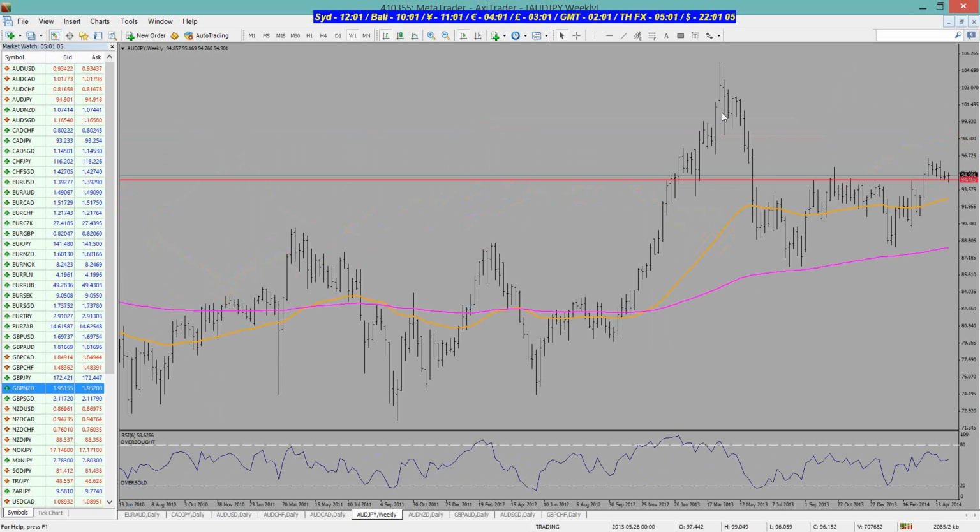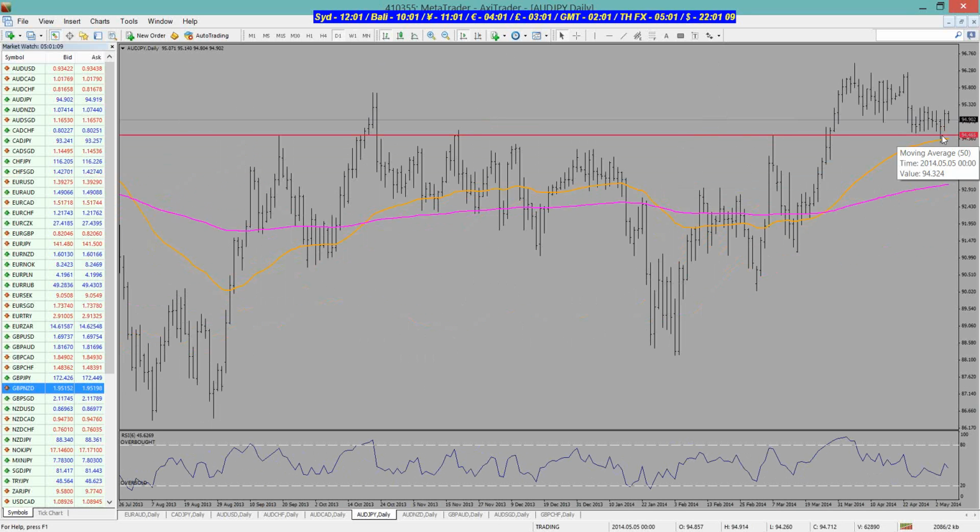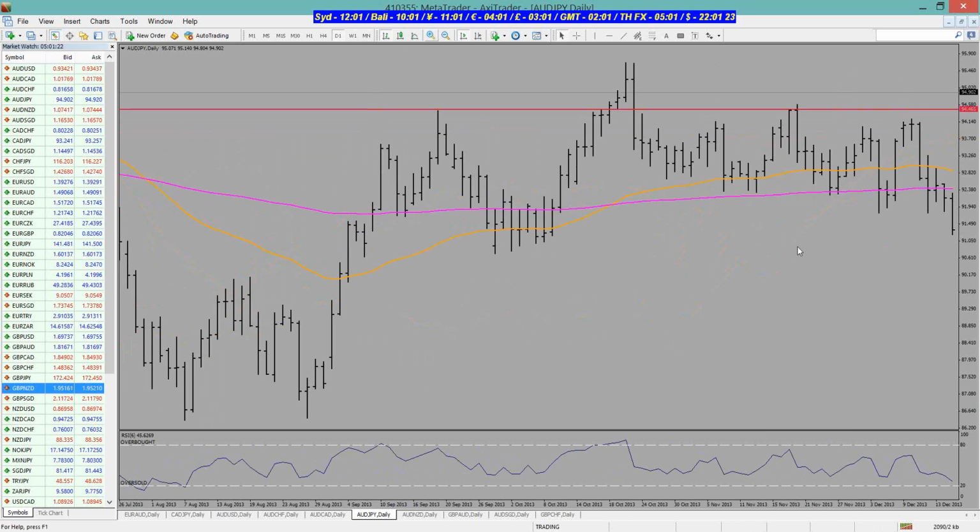So there's a few more tags and turning points. We can see the price has come down and tested that and was held above it. Retail sales came out this morning at 0.1 when they expected 0.4, so we've got a bit of weakness in the Aussie this morning.